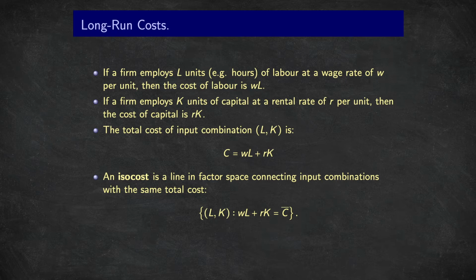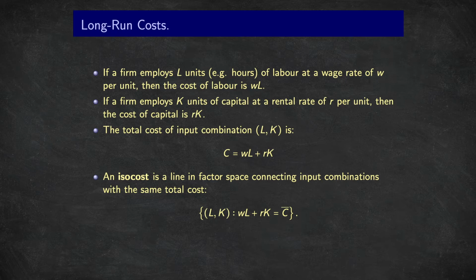Now notice that this is simply the cost of the input combination. When we talk about cost functions, as we've done in the previous lecture, and as we will work towards in this lecture, cost functions are functions of output. So when we talk about the total cost function, it will be telling us something about the cost of output.